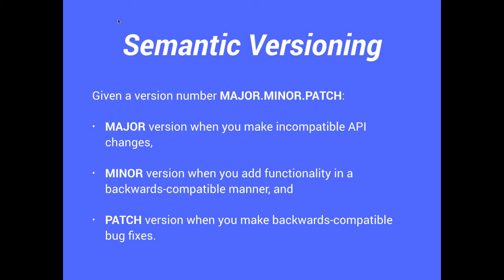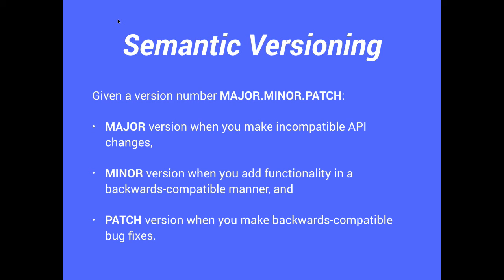The major version is when you make some API incompatible. Polymer was rewritten, so they released a major version, 1.0. The things that you had before are not going to work. If you are just including a new feature, adding some functionality but maintaining backwards compatibility, this is a minor version.